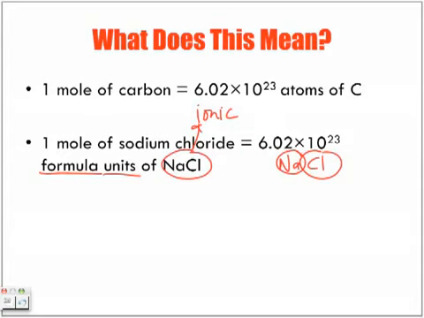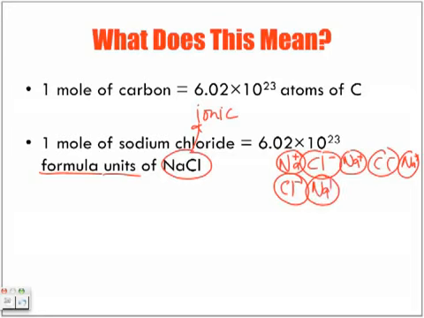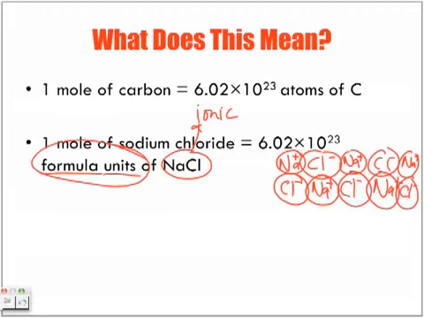Because they both carry charges, we have pretty much a string of NaCls, and connected to this Na is Cl, Na, Cl, Na. And there's that connection between. So when we're talking about sodium chloride, we never really look at it as 1 molecule of sodium chloride. We look at it as formula units.